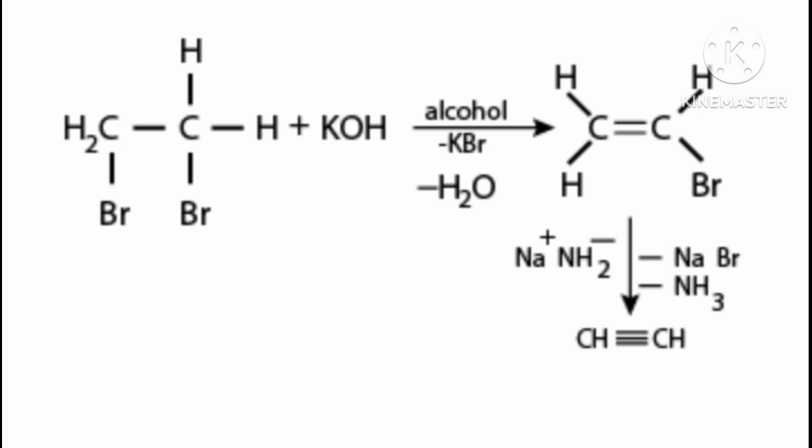That is the basic nature. Here it is a reverse case. The s character of H has increased. Then here it can donate the electron, because the carbon-carbon triple bond is there, more electrons are there, and they can break easily. Correct?